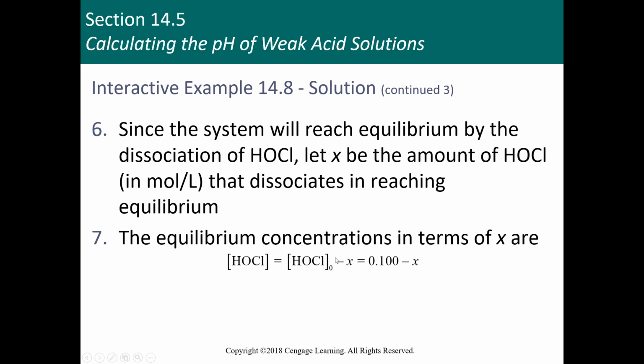That will be 0.1 minus X. Our OCl minus started off as 0, and we're adding X. Notice these are always 1s because we're always doing one proton at a time. So this is going to be X. Anything we use of this has to make this one, and of course our H plus has to make the same amount.